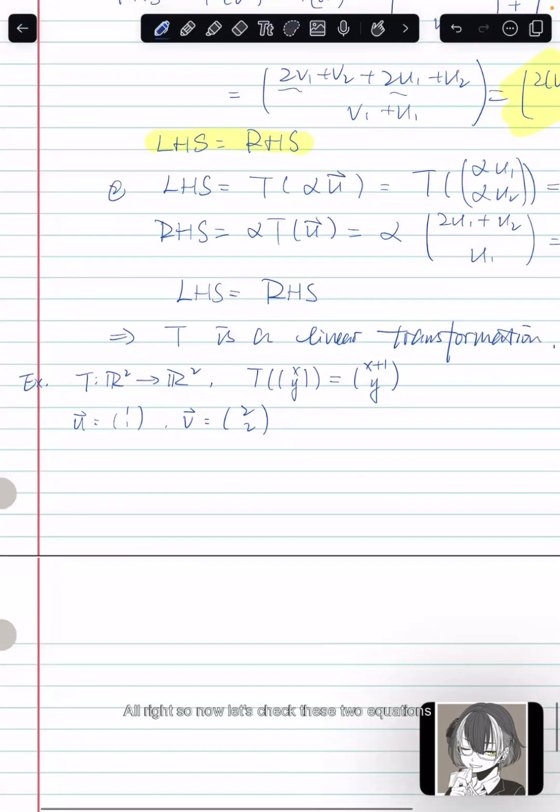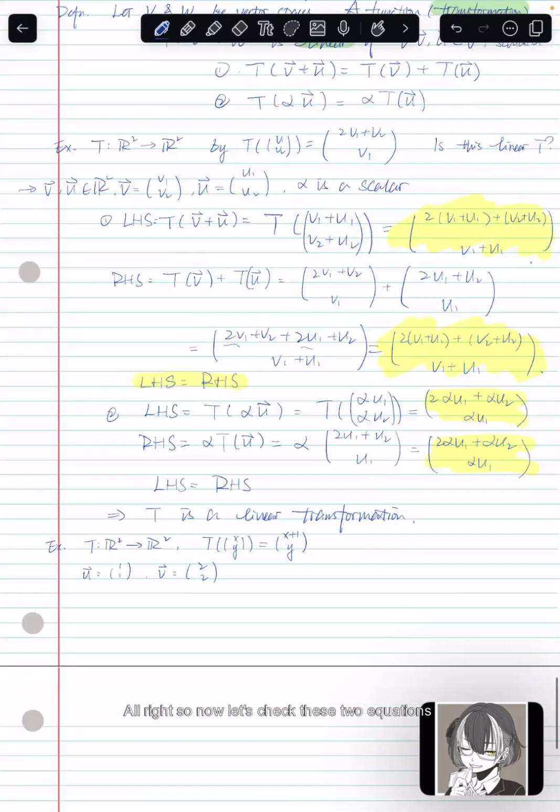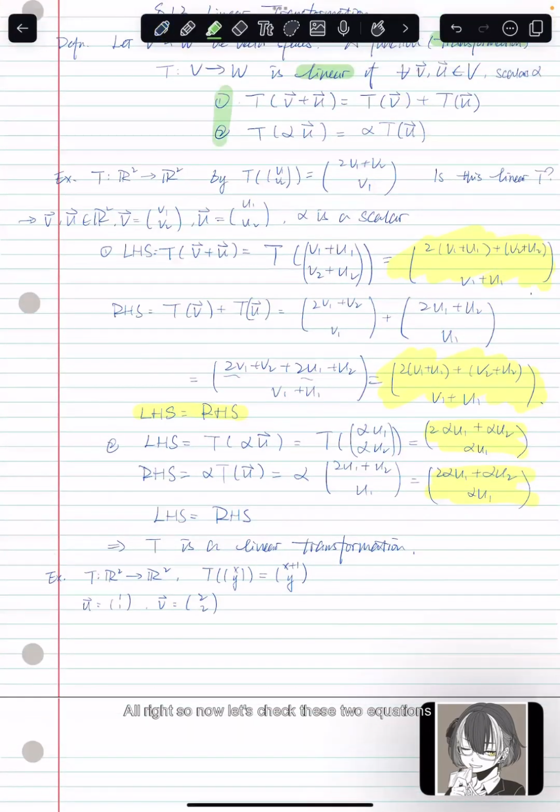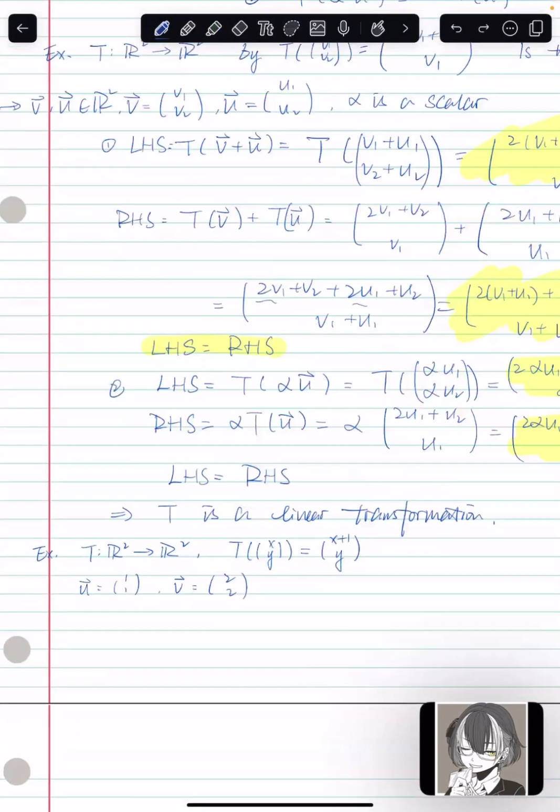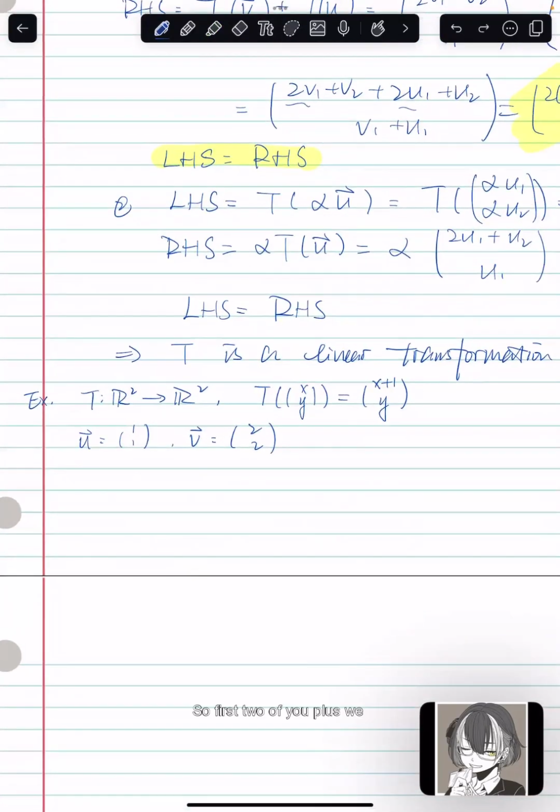All right, so now let's check these two equations. First, T of u plus v equals T of (1, 1) plus (2, 2), which is (3, 3). And that will be equal to (4, 3).